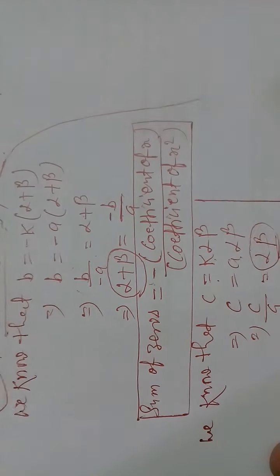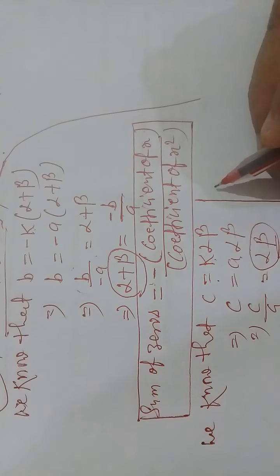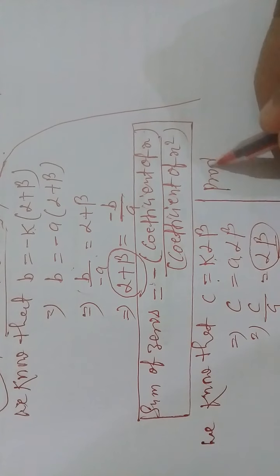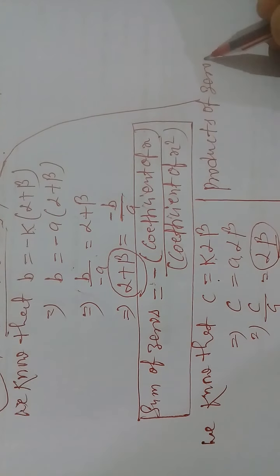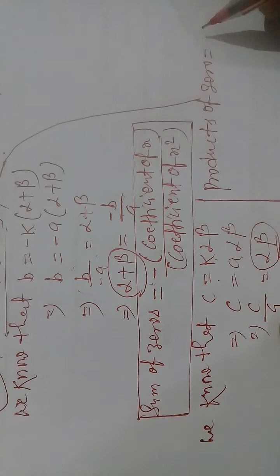We can write product of zeros is equal to c by a. What is c? The constant term.